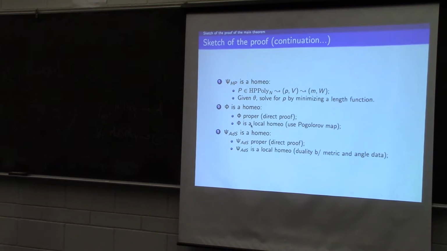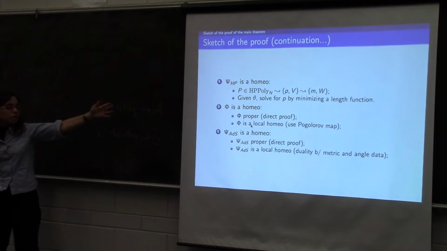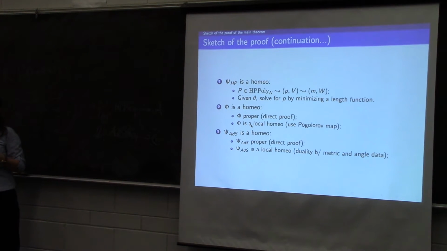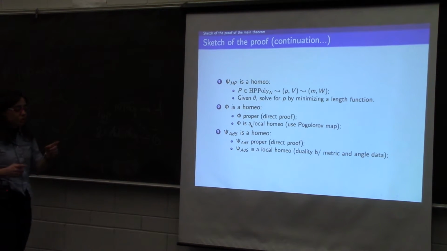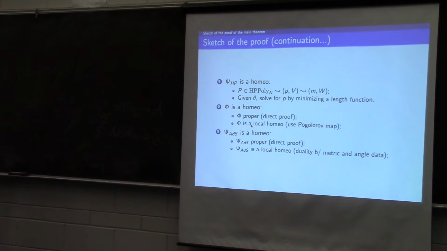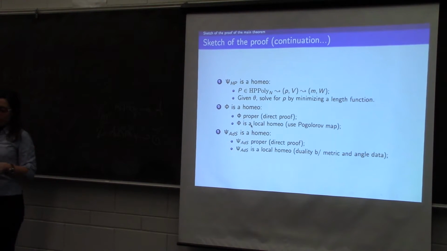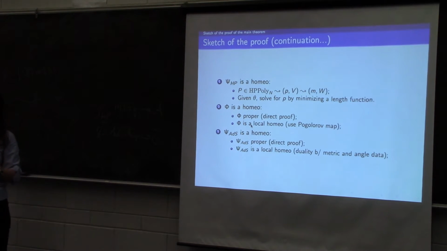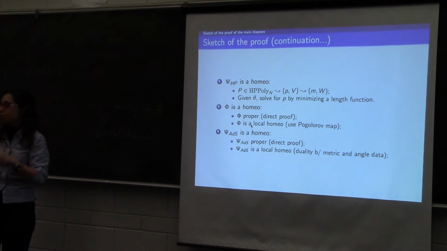Last step, the one from anti-de Sitter to angle assignment. Again, the properness is a direct proof, and then to prove that it is a local homeomorphism, we use the duality between metric data and angle data. A bit like in hyperbolic geometry, you have lengths, and those are sort of dual to angles. So in fact, you also have a notion of complex volume.